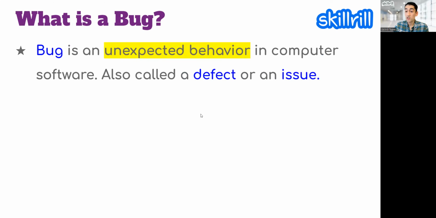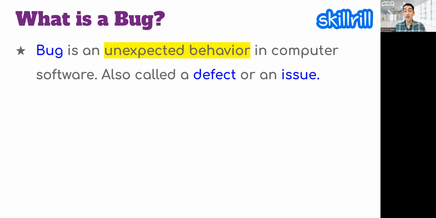So here's the explanation. Very close to what you just gave, actually. So bug is an unexpected behavior in computer software. That is right. It's unexpected because, as we discussed yesterday, when you start testing, you have some expectations. Where do you get your expectations from? You get your expectations from a requirement documentation, right? Like the example we saw yesterday, functional requirement document, or any other, like a business requirement document or technical design document.